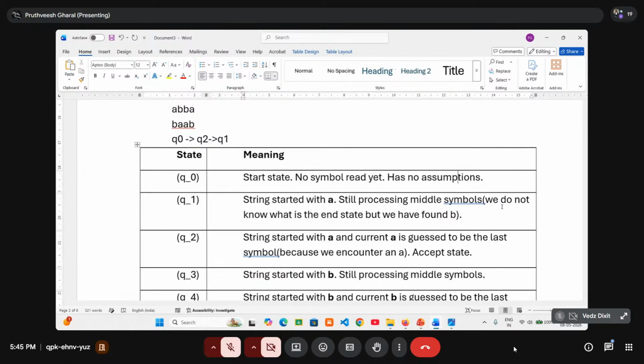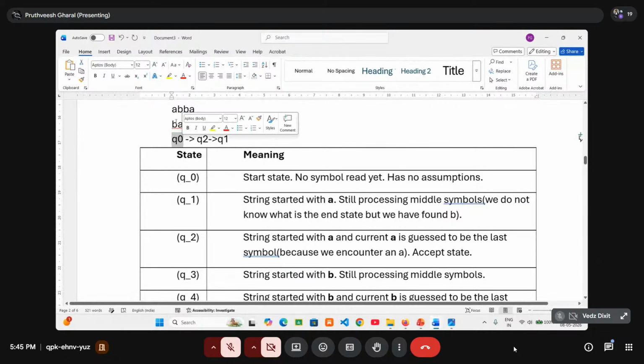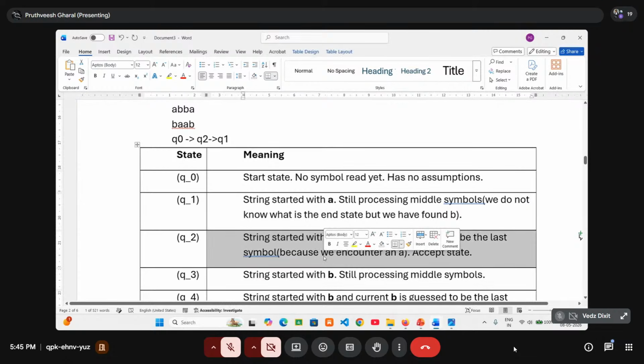This is a little complicated to understand, but basically when we started this machine in Q0 and encountered A, we saw an A and assumed it to be the last symbol, so we then said Q2.